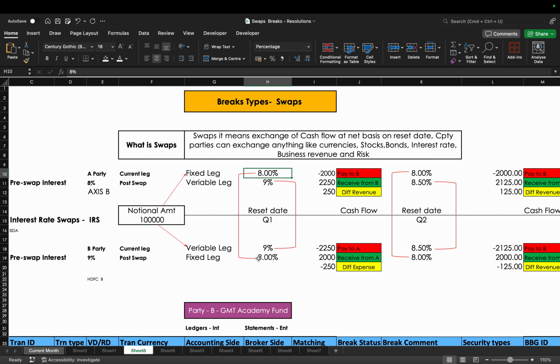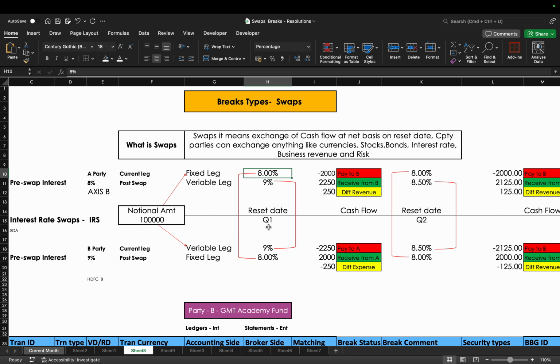All right. And let's assume we have reached the first quarter, and it's time to calculate the F leg and V leg. F leg, guys, stands for fixed rate of return, and V leg, the variable, talks about the variable interest leg or interest payment.